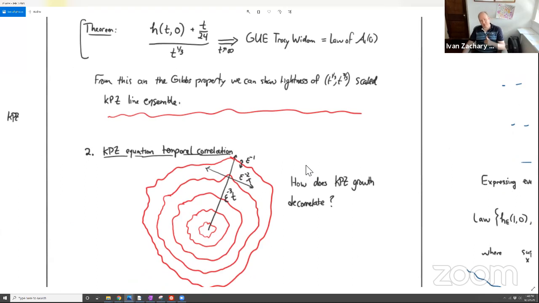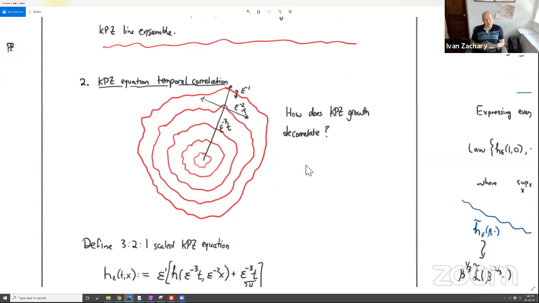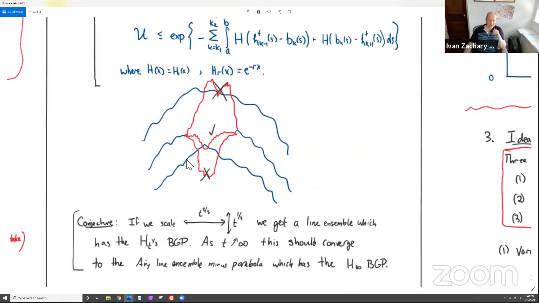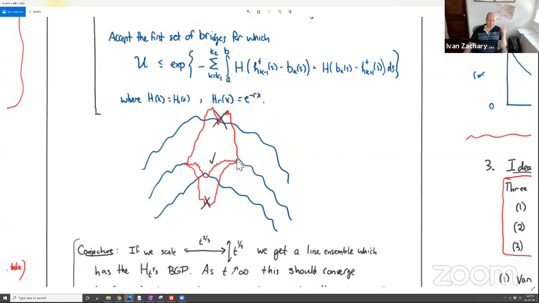So what I want to do now is show how this KPZ line ensemble is useful. Before I get to that, is it clear what the Gibbs property for the KPZ line ensemble is? Again, it's like the Brownian-Gibbs property. It's a soft version. It penalizes you for going out of order rather than just conditioning on non-intersection with the curves that bound you above and below.